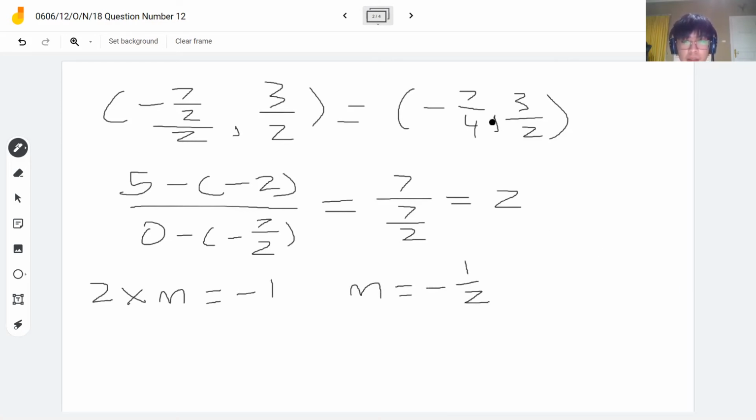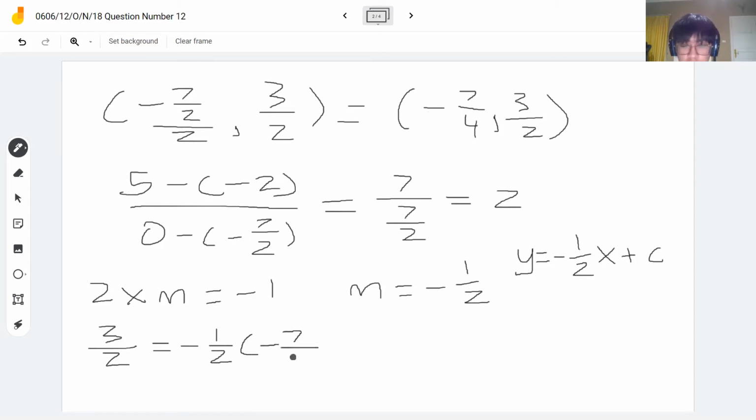The equation for a straight line is like this. To find the c, you substitute the midpoint in as it is a bisector, and you'll get 3 over 2 equals negative 1 over 2 multiplied by negative 7 over 4 plus c.